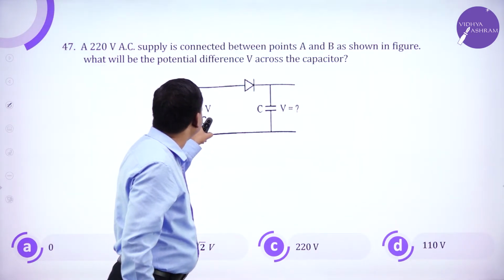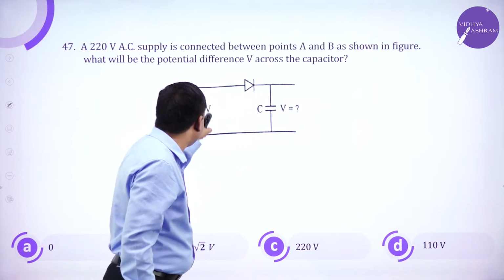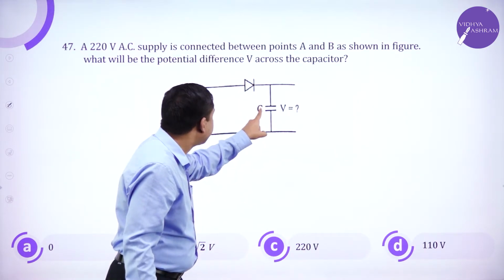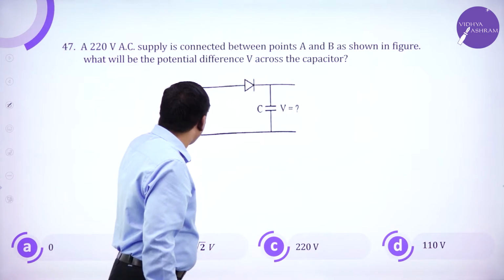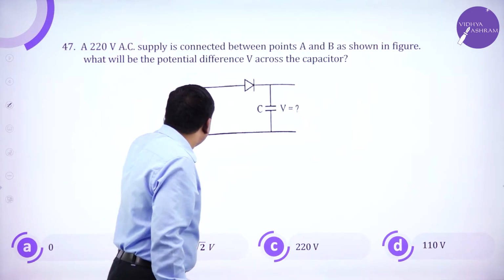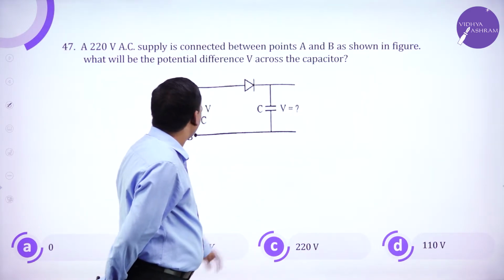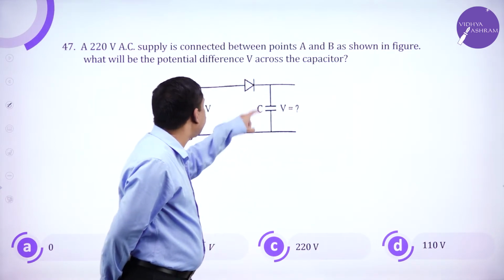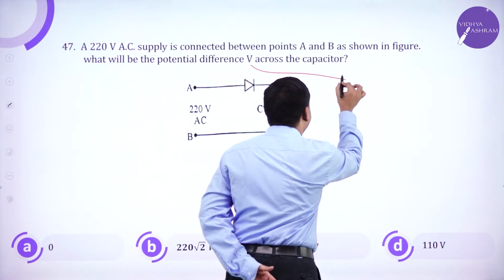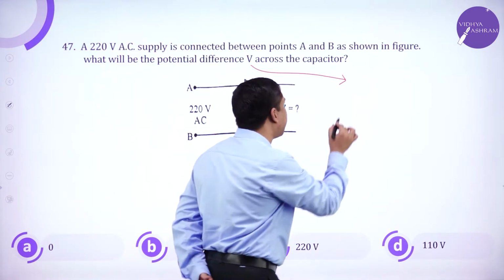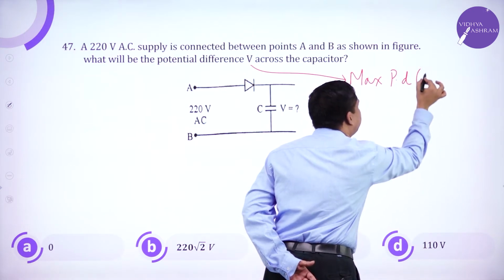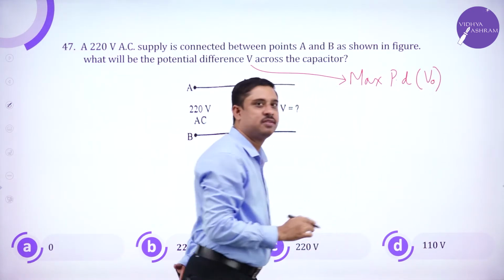Now, 220 volt AC supply is connected between the points A and B. You can see there is a diode and a capacitor. What will be the potential difference across the capacitor? Potential difference across the capacitor will be the maximum potential difference, which is V naught.